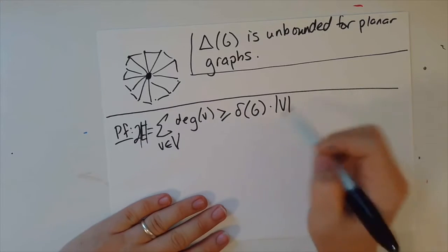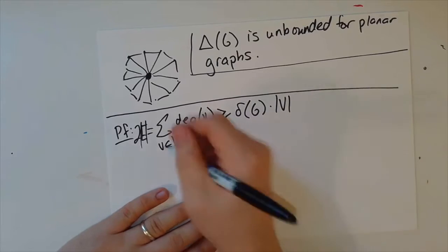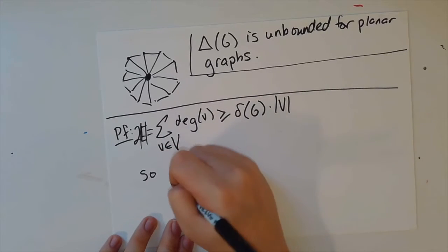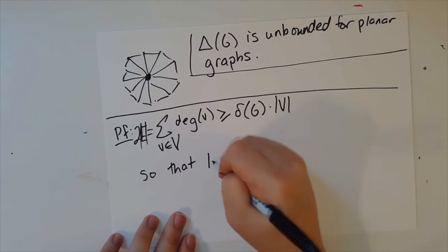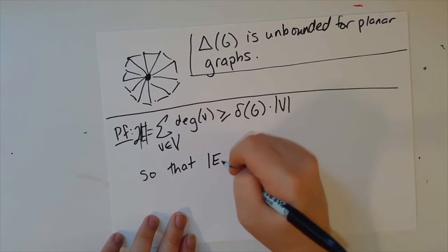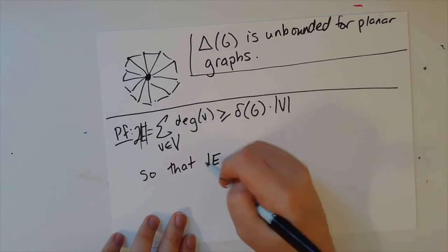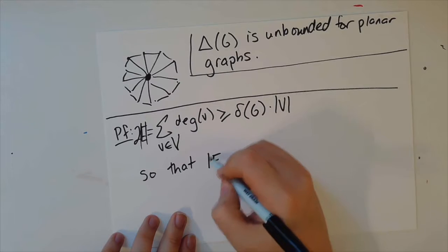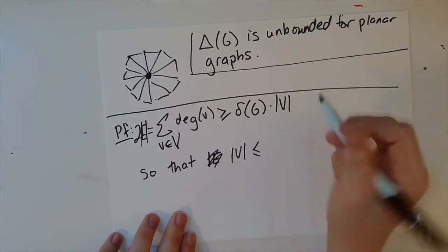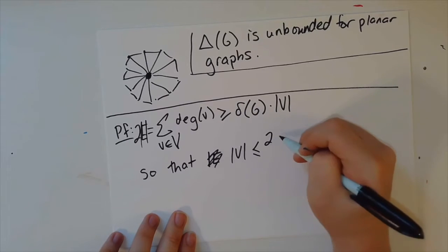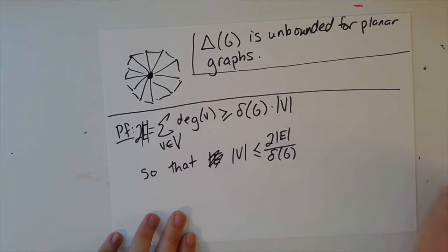And so if I add them all together, I get something that's at least as big as delta of g times the number of vertices, which means that the number of vertices is less than or equal to twice the number of edges divided by this delta of g.